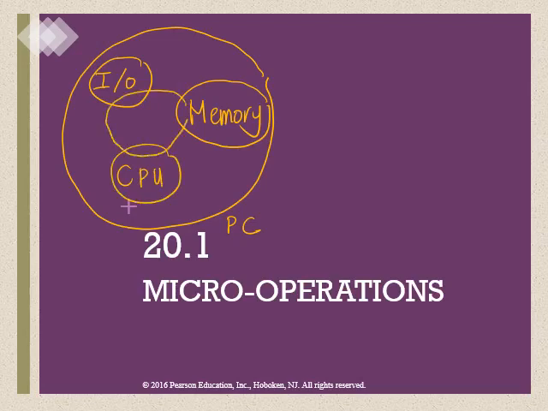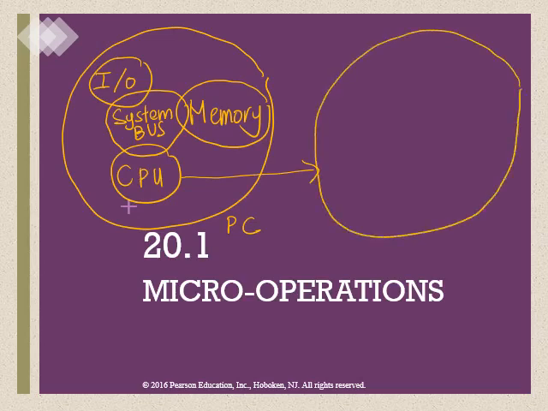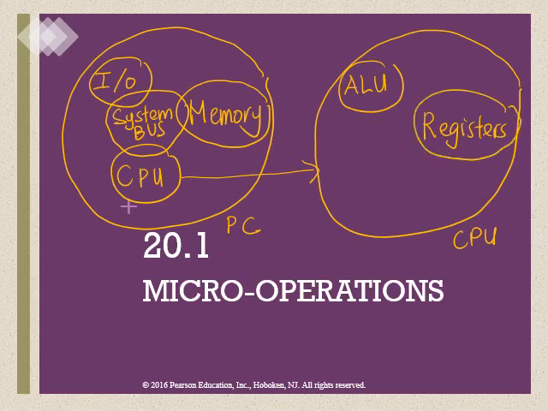And in the middle, we have system bus. You remember this, right? And then in CPU, we have subcomponents. So in CPU, we have ALU. We have, look at this, we have registers. We also have, look at this.